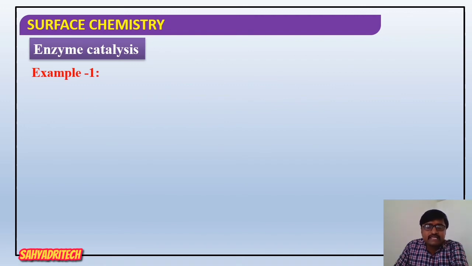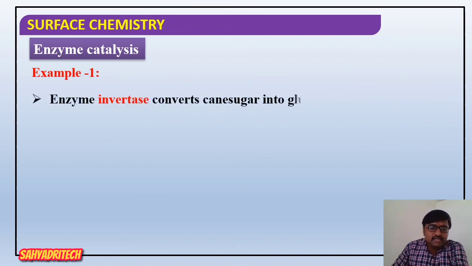Now, for an example of enzyme catalysis, one of the enzymes is called invertase, which converts cane sugar into glucose and fructose.